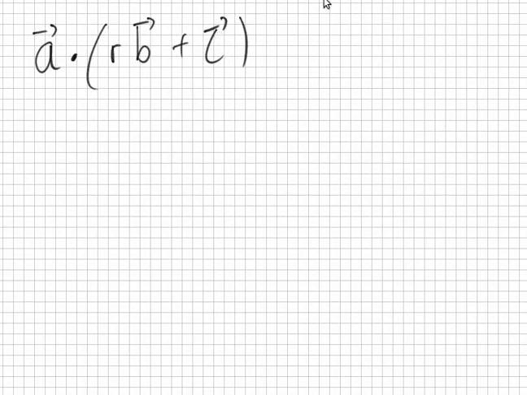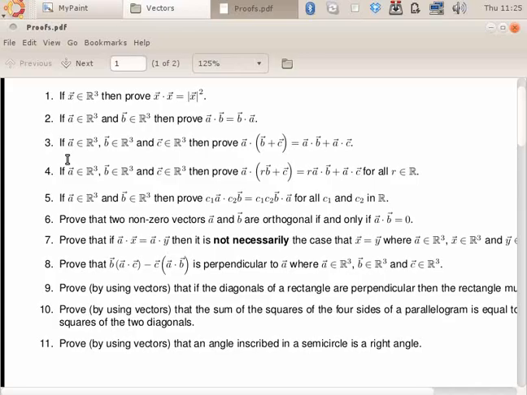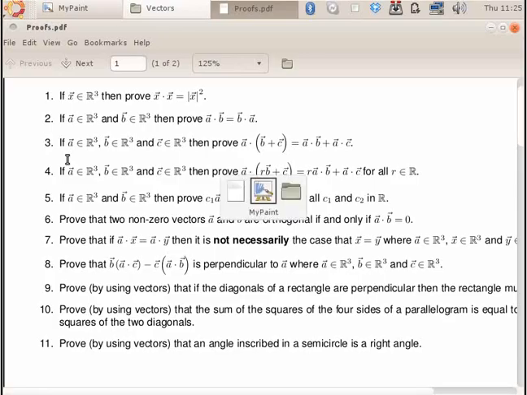So firstly, I think this was question number 4. The one I just did there was 3 and 5.